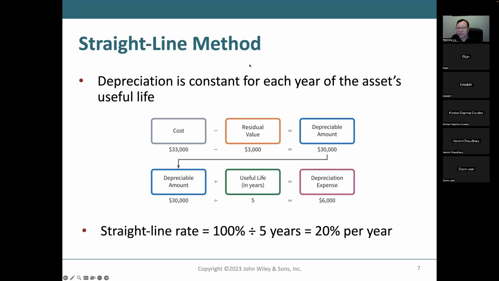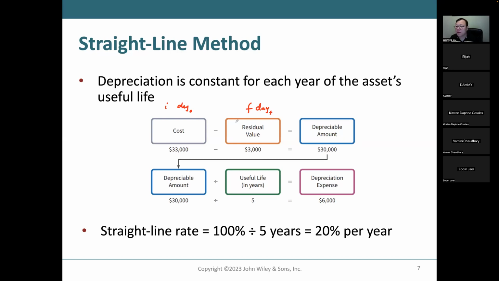So for the straight line method, I have an initial value, right? This is when you first purchased the asset, day 0. And then a final value. This is the value when your asset is at its final day, at the end of the useful life.